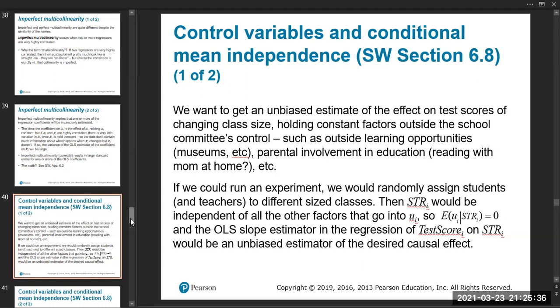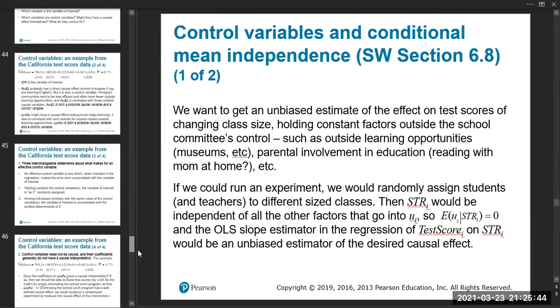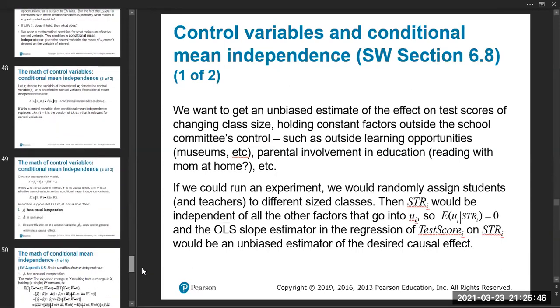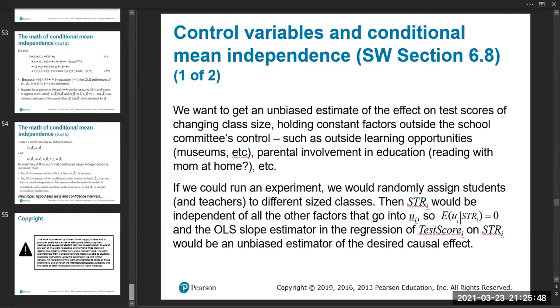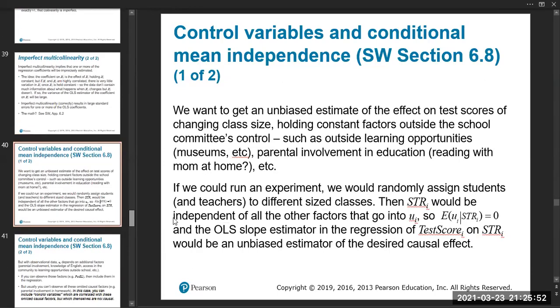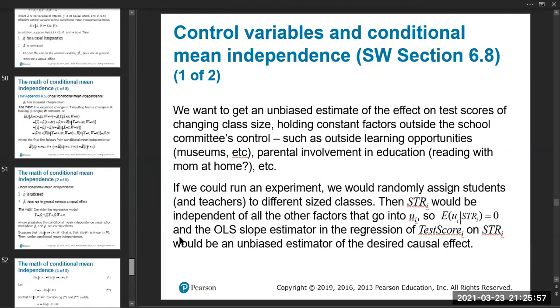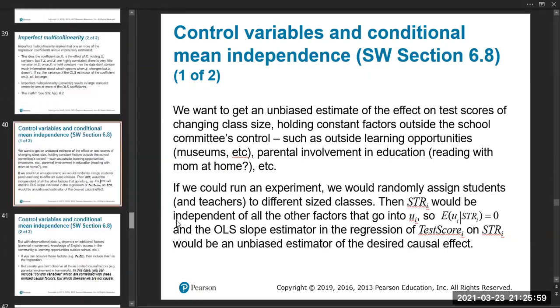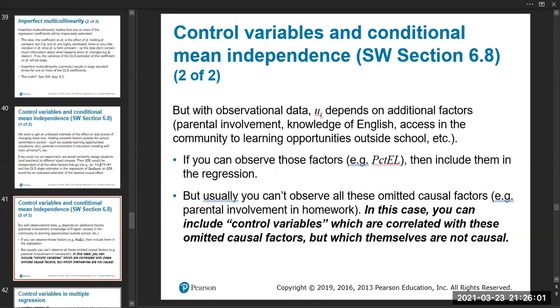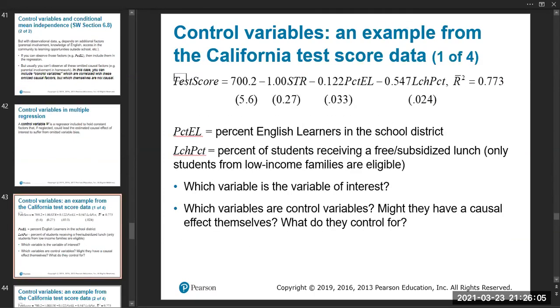The last part is about control variables and conditional mean independence. This part is honestly not required. If you are interested, you can read page 40 and after. I'm not going to cover it here. Basically, this is just more information about how we choose control variables.